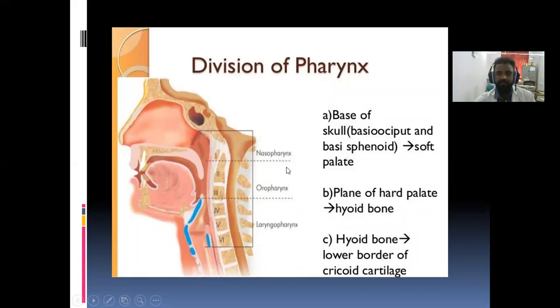Next is from the plane of the hard palate to the hyoid bone, and the lowest is from the hyoid bone to the cricoid cartilage. So this is the division.